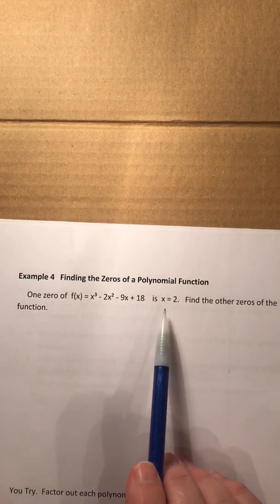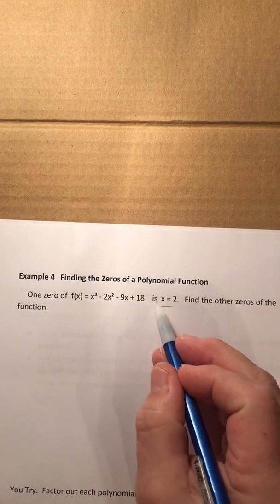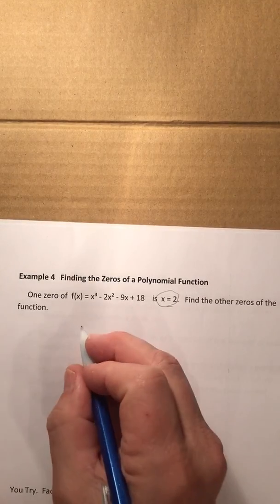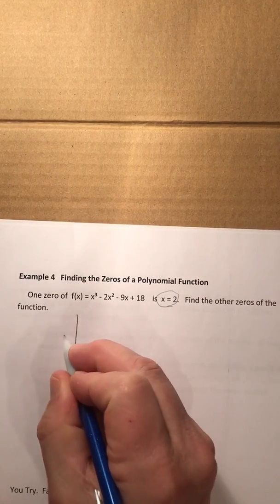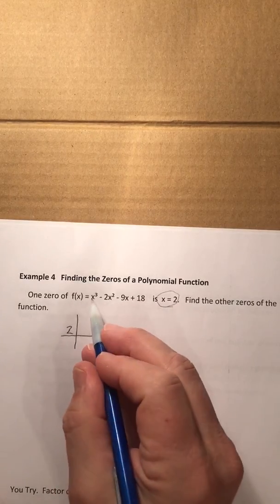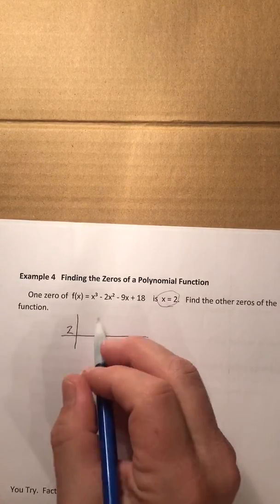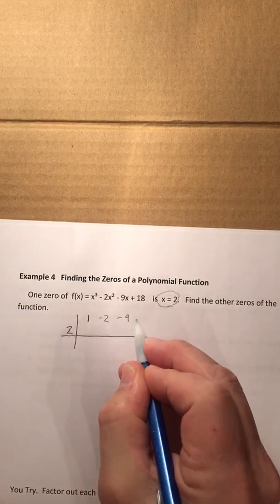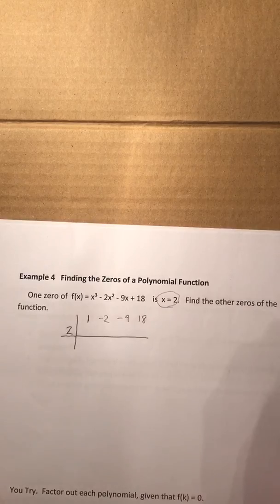So again, we want to take this one out synthetically. Put our 2 up front and take all of our coefficients. We're not missing any: a 1, a negative 2, a negative 9, and an 18.